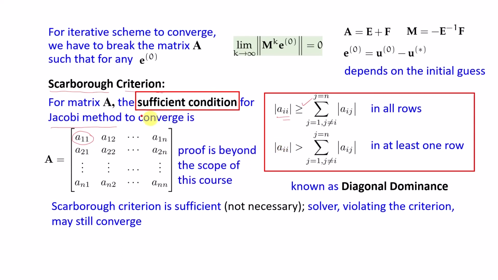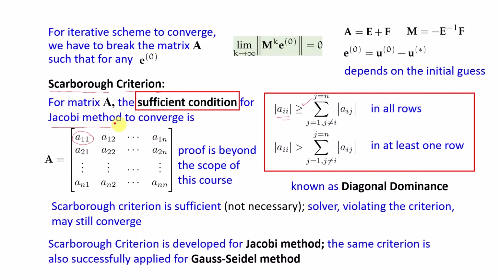The proof of this criteria is beyond the scope of this course, and this criteria is strictly applicable for Jacobi method. There is no proper criteria for Gauss-Seidel, but the same criteria we use for Gauss-Seidel, and we are quite successful in using it in Gauss-Seidel. And we will not go any deeper in theory that how this criteria is actually developed. That will be going deeper into the mathematics part. We will not go there.